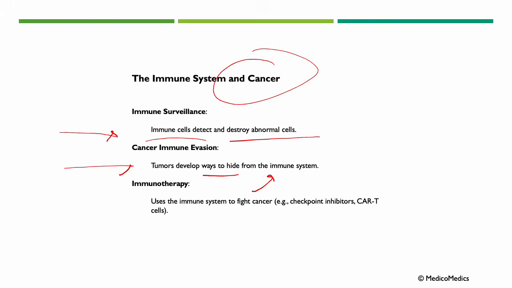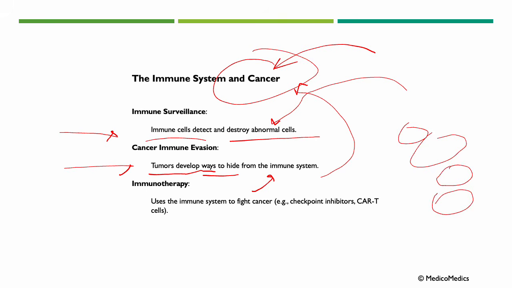We have the presence of different immune cells ready to destroy these abnormal cells that are a consequence of uncontrolled cell division, so cancer. But the problem is tumors develop different ways to hide from this. So it maintains its division, and our immune system is just looking at it without actually having any reaction to it.